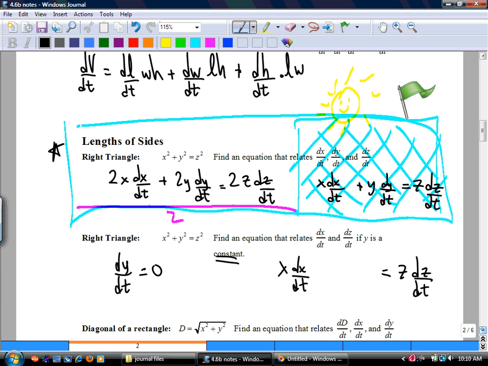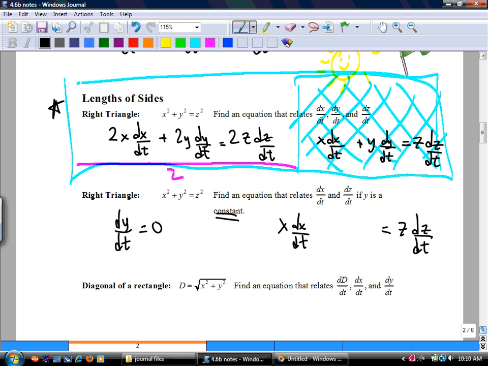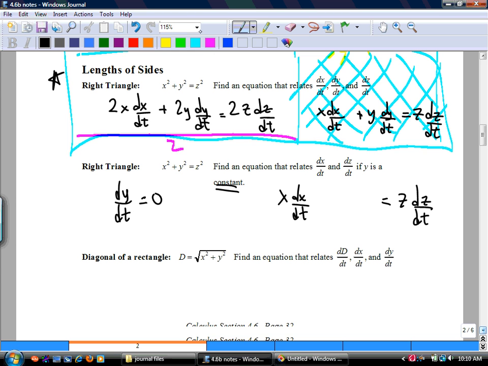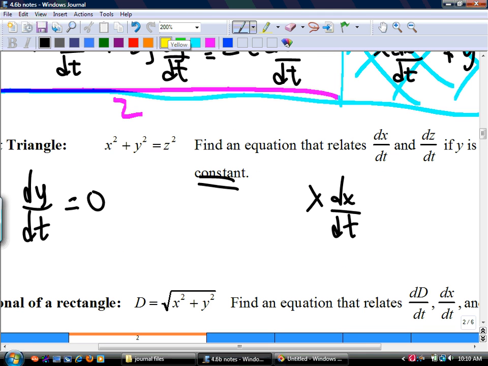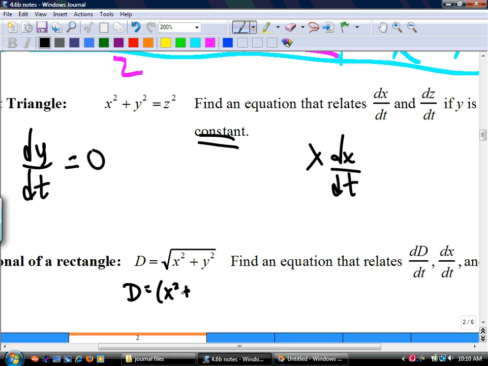Diagonal of a rectangle. Find an equation that relates dD/dt, dx/dt, and dy/dt. We'll zoom in here. Square root is what power? Yay! You guys are doing square root. One half power.